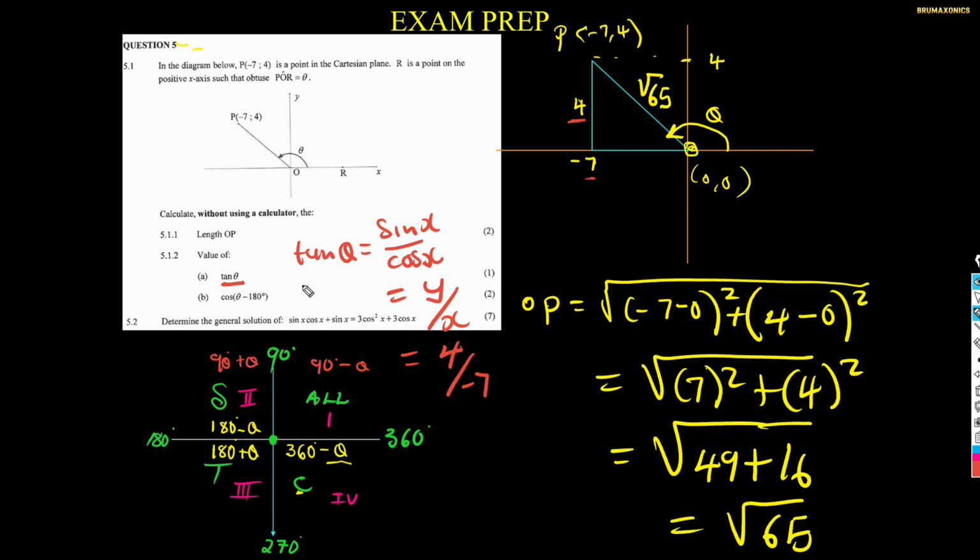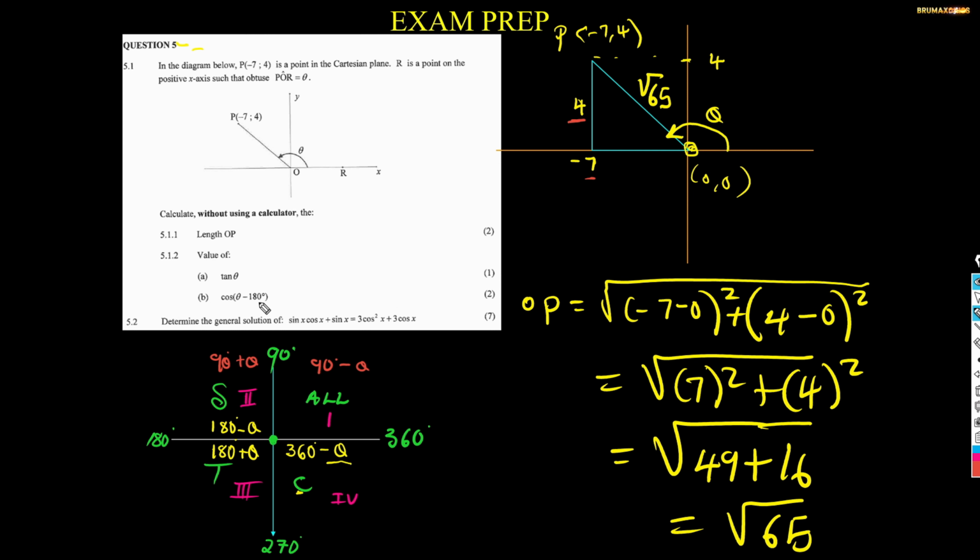And then again, we also need something else for 2 marks, and as you can check, cos of theta minus 180, right?